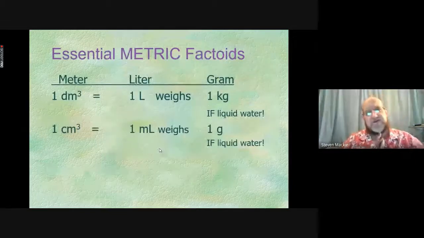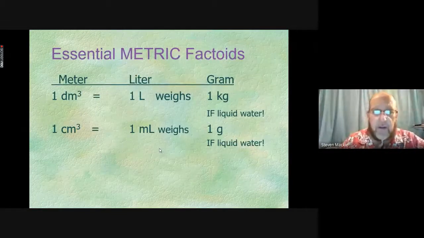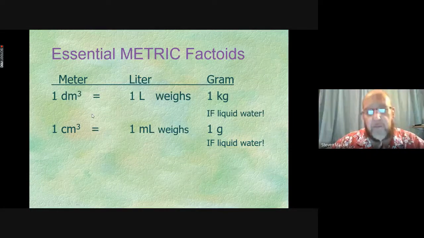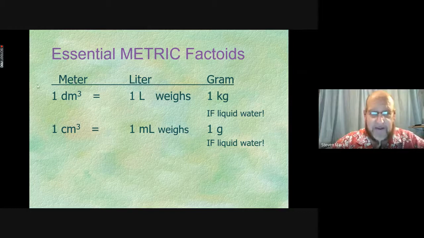Okay, here's some essential metric factoids that I'd like to point out to you. And I really think these are factoids that everybody needs to memorize and think about, okay? When they put the metric system together, believe it or not, they decided that they were going to link meters, liters, and grams.